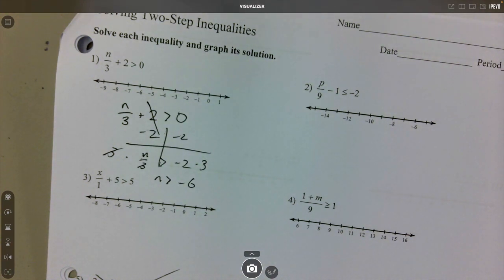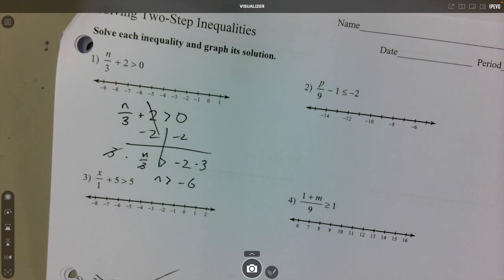After you have the inequality, I'm seeing a lot of people writing in this tiny space up here.